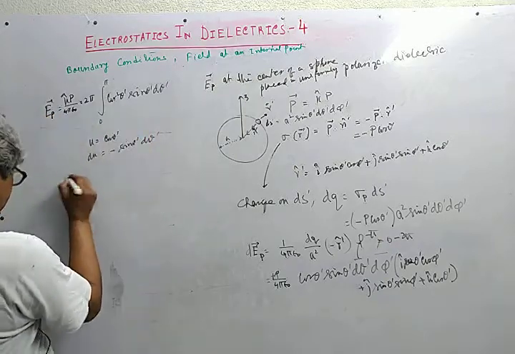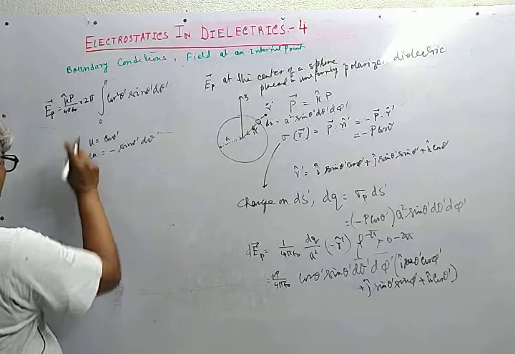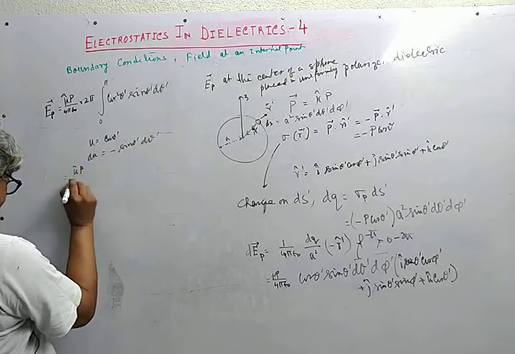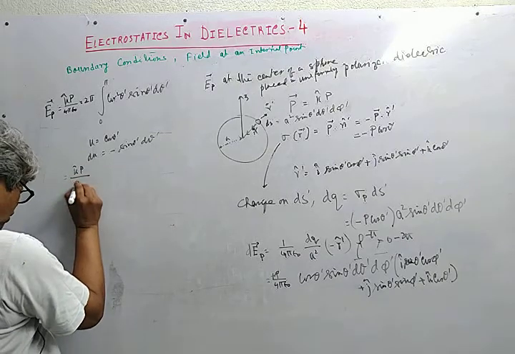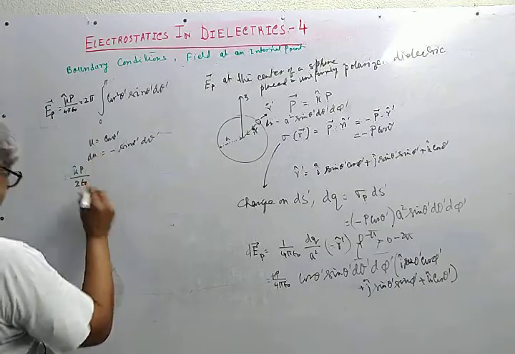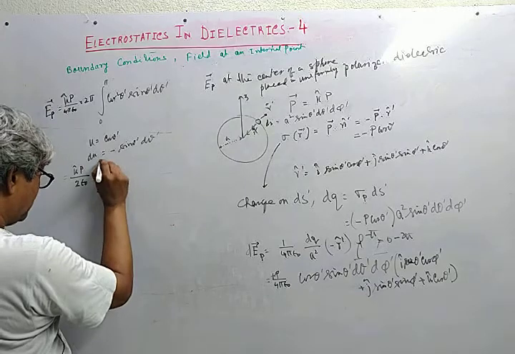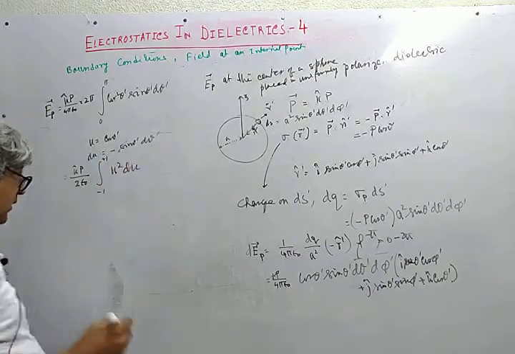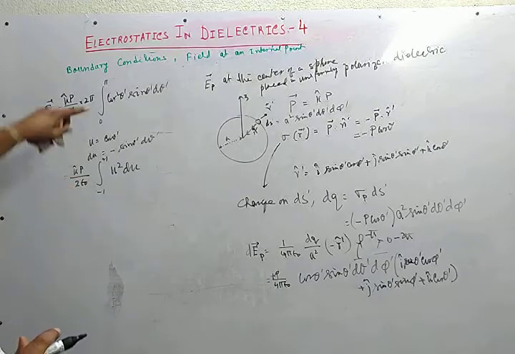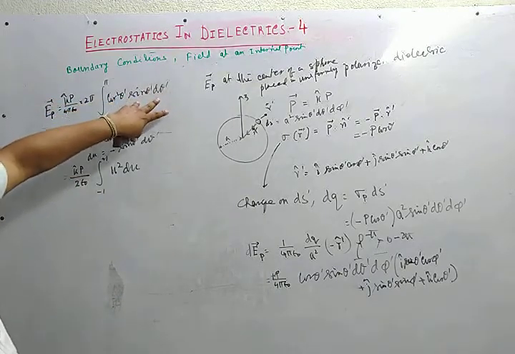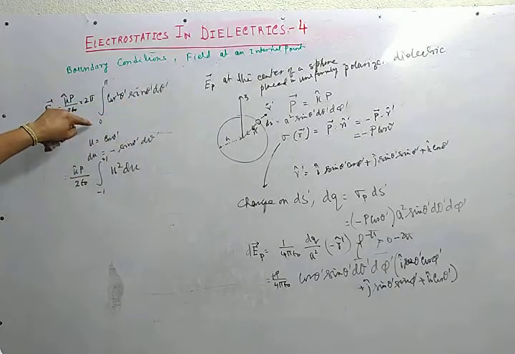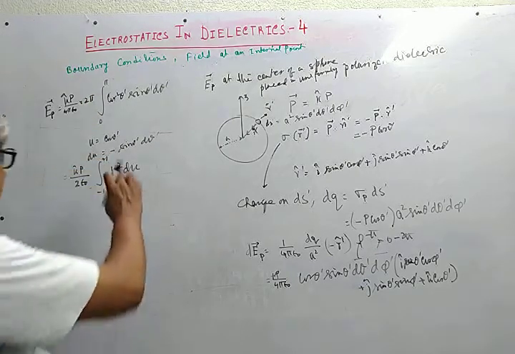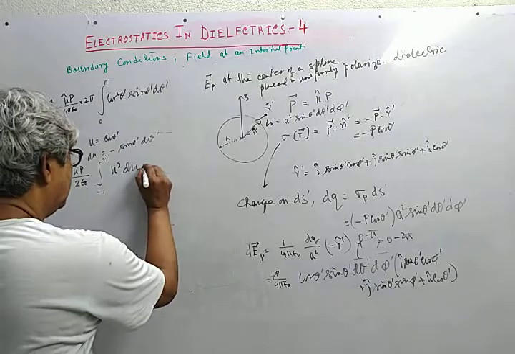So we can write it in terms of u. The 2 pi cancels, k cap P by 2 epsilon naught, and this is the integral from minus 1 to plus 1 of u squared du. Note the change: this is u squared, this part is minus du, and the limits are plus 1 to minus 1, which we have changed. So the result is 2 by 3.